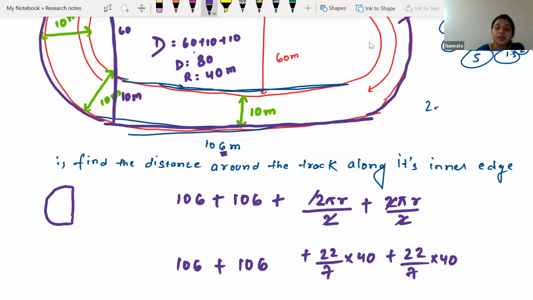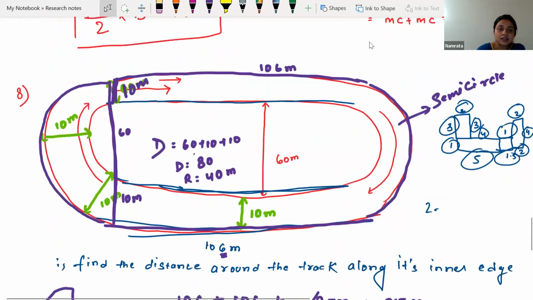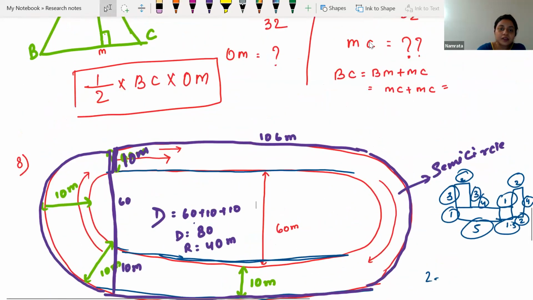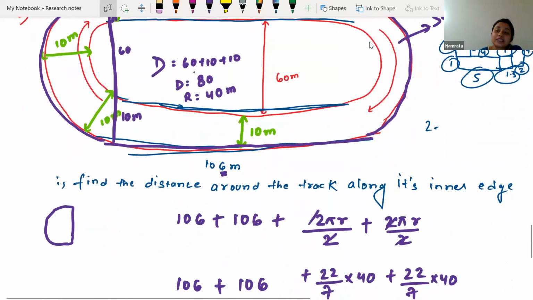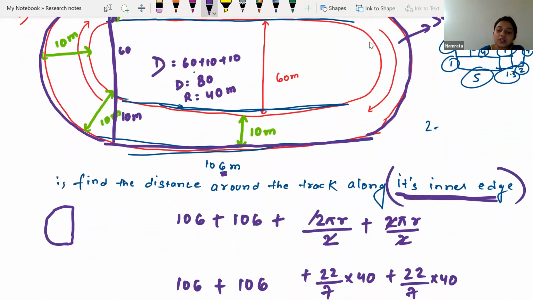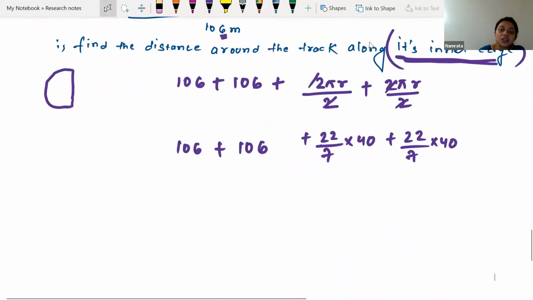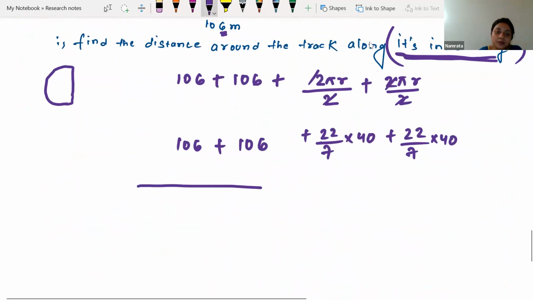Okay, here one thing we have not noticed. It says find the distance around the track along its inner edge. So we missed this inner edge and we have taken the outer edge. What will be the inner edge in this figure?